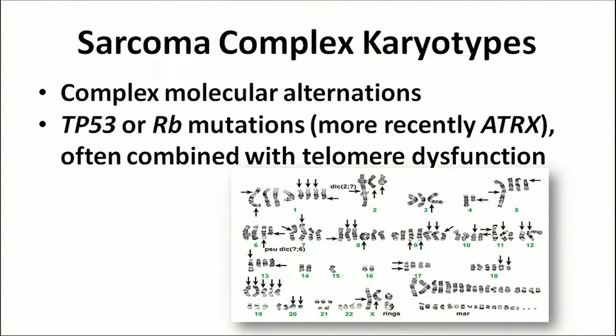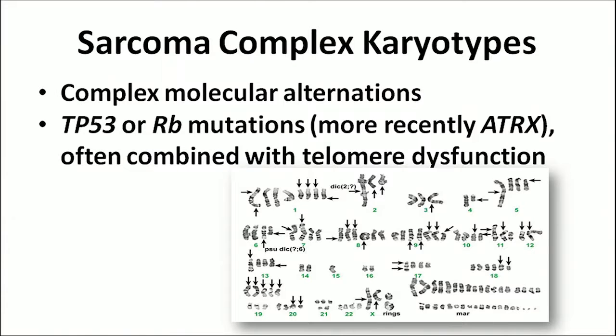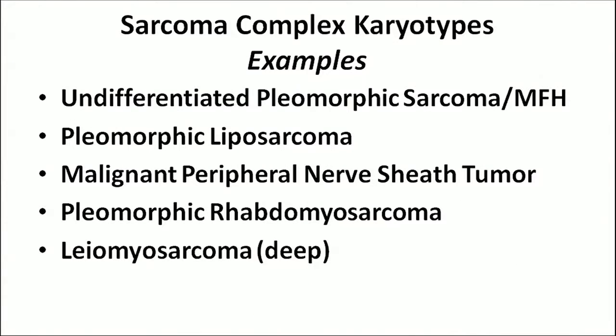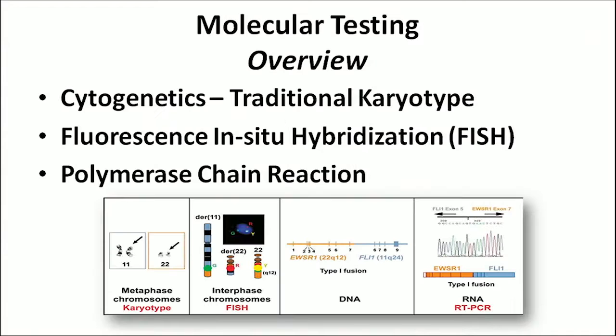These are usually associated with P53 or RB mutations, or more recently, a number of groups have been starting to demonstrate ATRX mutations, which result in telomere dysfunction. And so these are just some examples of some of these complex karyotype sarcomas. So these are the ones that are not associated, as far as we know, with translocations.